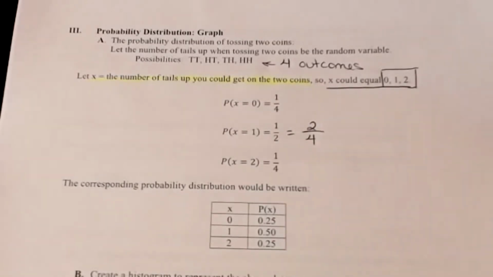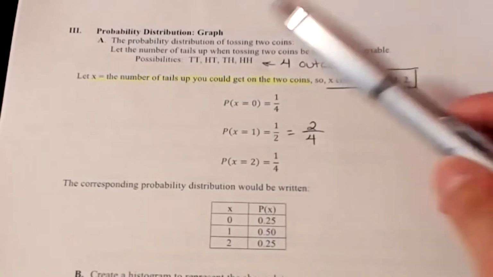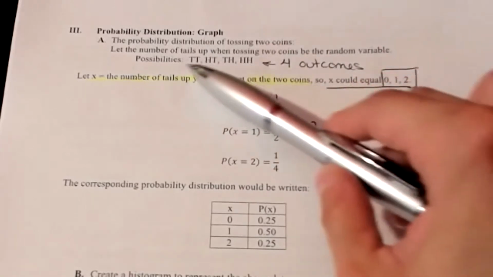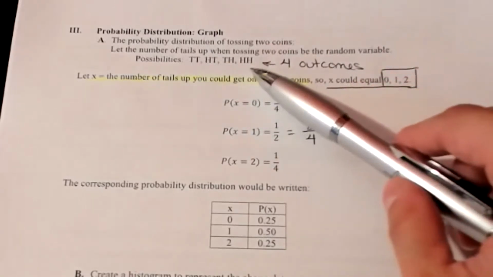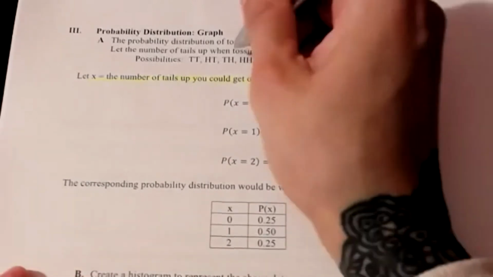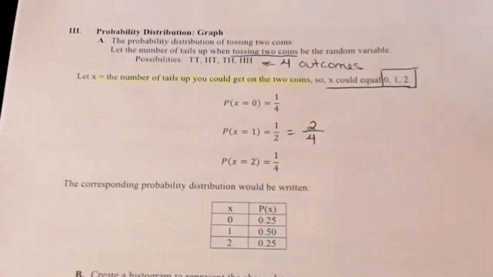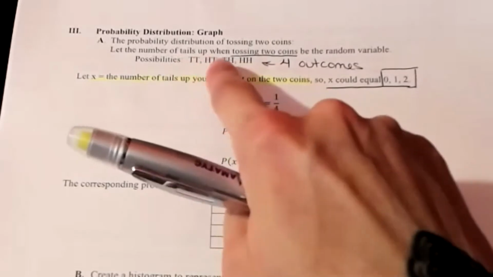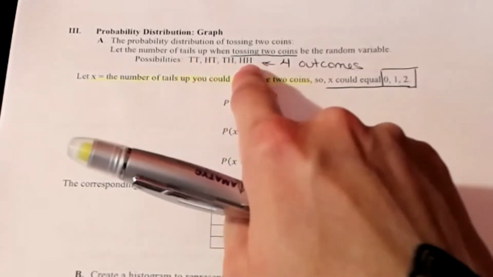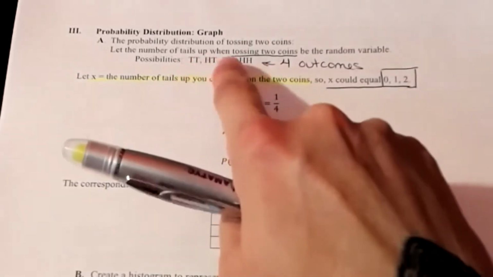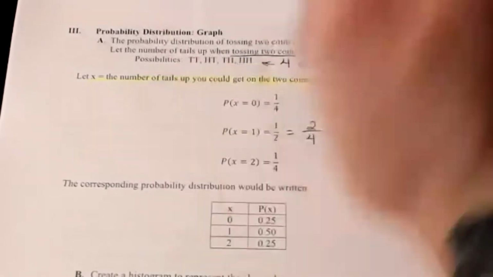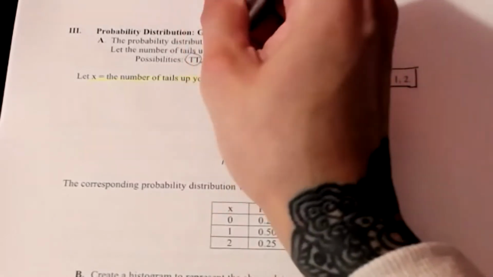Okay. I don't get it. Okay, so you see how we have these 4 outcomes? And this is from tossing 2 coins, right? Do you agree that these are the only possibilities? Yeah. Okay, perfect. So we see that there are only 4 outcomes right here.